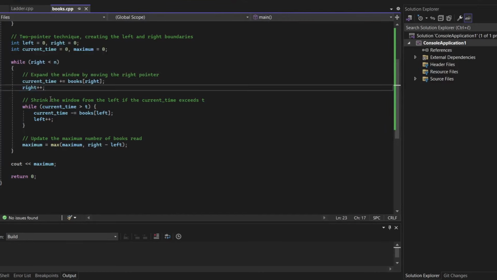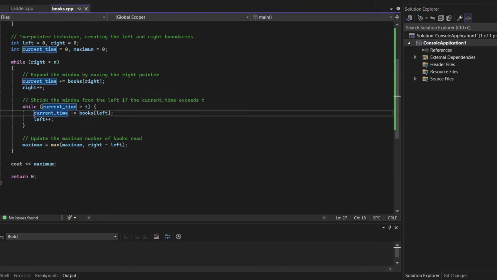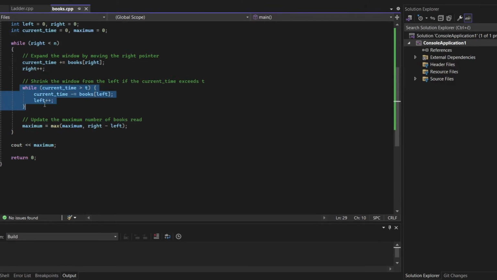So what could happen now is we would have current time plus equals books of right, and right plus plus, but we are not yet checking if this current time is within the bounds of our query. So this is exactly what we're doing here.